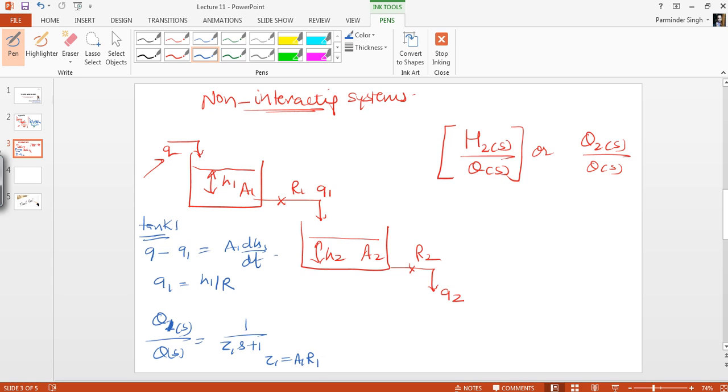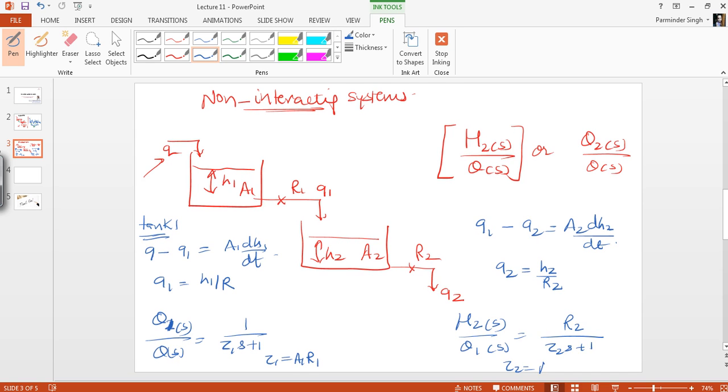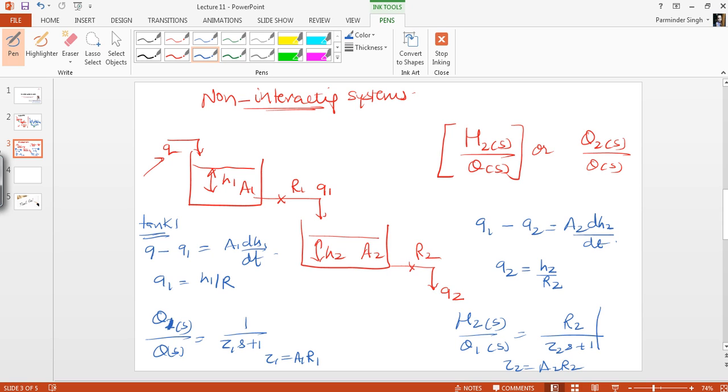Similarly for tank 2, Q1 minus Q2 equal to A2 dh2/dt, and Q2 is nothing but h2 by R2. Taking the Laplace transform, we have H2(s)/Q1(s), which is R2 upon tau2 s plus 1, where tau2 is nothing but A2 R2. Let's say this is number 1, this is number 2.